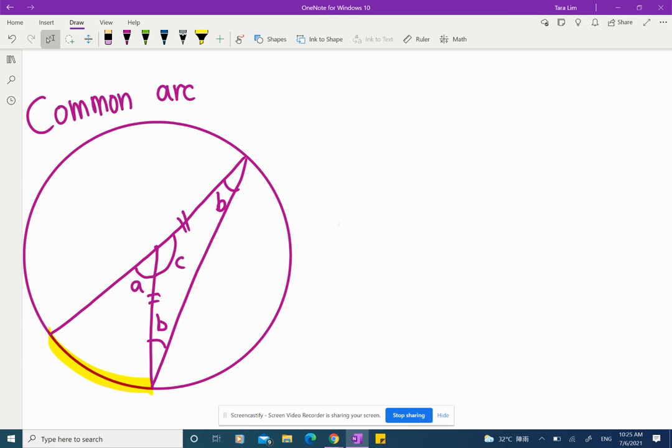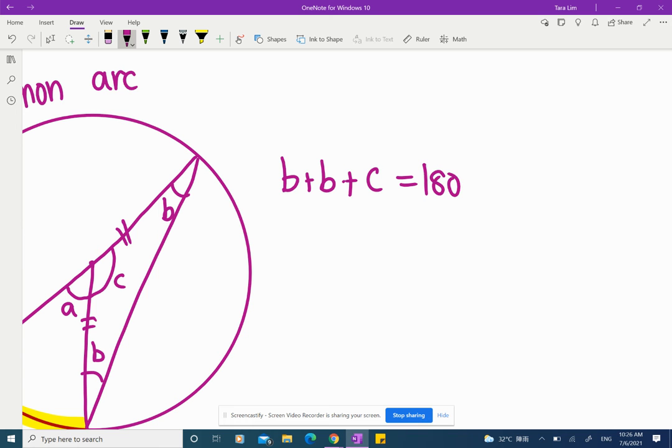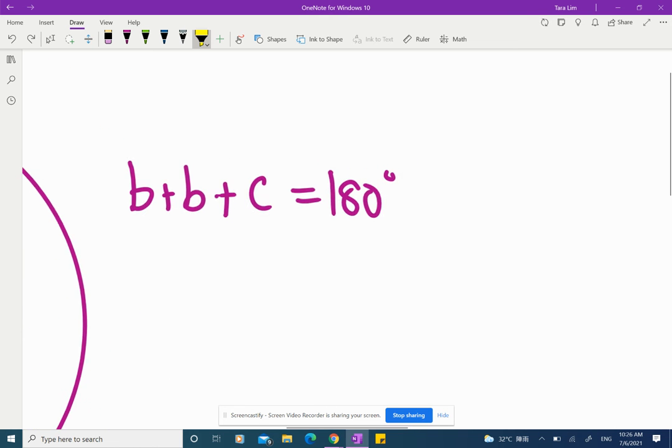Anyway, here in the triangle, we know that a triangle adds up to 180, so B plus B plus C is equal to 180, because these three angles are in a triangle.